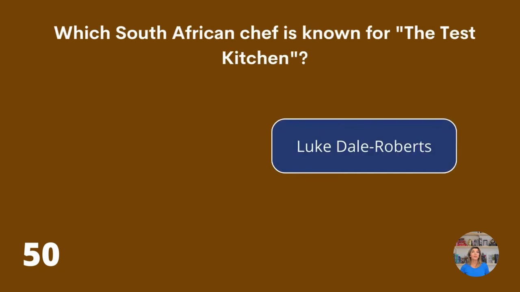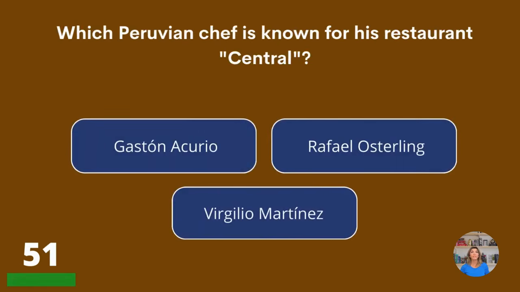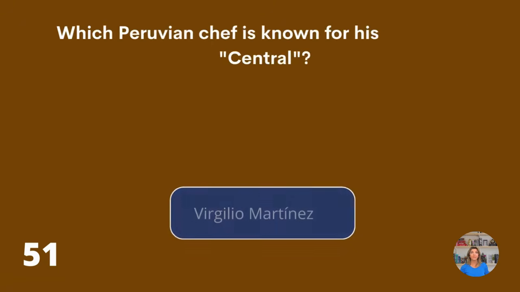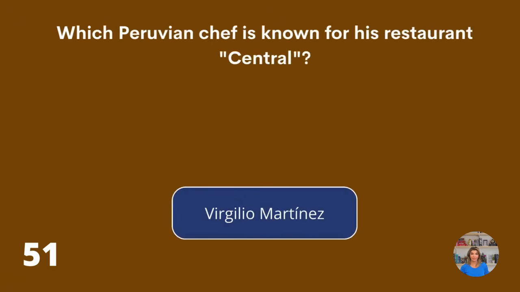Luke Dale Roberts. Which Peruvian chef is known for his restaurant Central? Gaston Acurio, Rafael Osterling, or Virgilio Martinez? Virgilio Martinez.